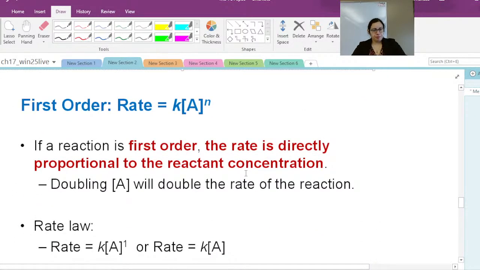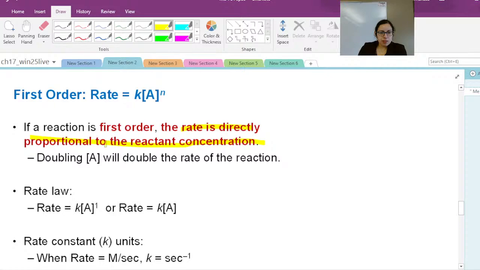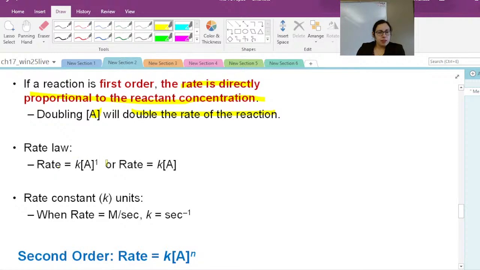With first order, the relationship, like we mentioned, is directly proportional. If we were to double A, we will double the rate of the reaction. So our rate law will be K times A to the 1, or of course, just K times A. And this is where the units come into play and get a little funky.